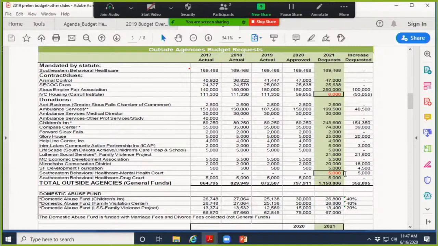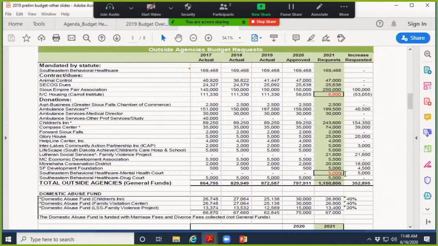I would make a recommendation that we move the request back to the 2020 approved amount, with the only exceptions of the reductions, which is the one from the IVC Housing Carroll Institute and Southeastern Behavioral Health's Mental Health Court. And then consider a small inflationary increase of 2% on those totals.